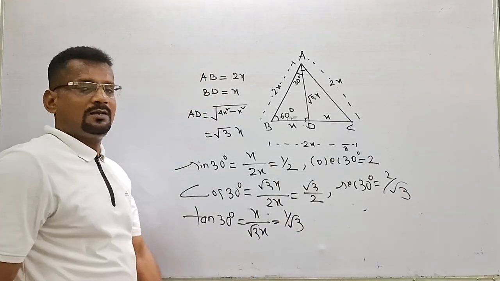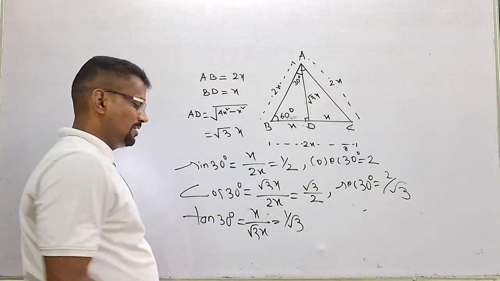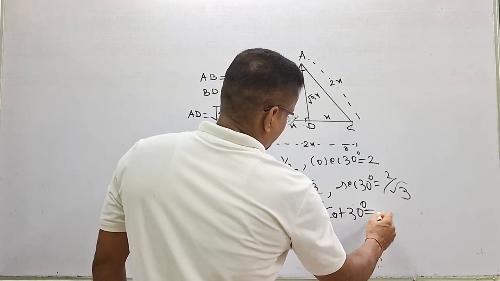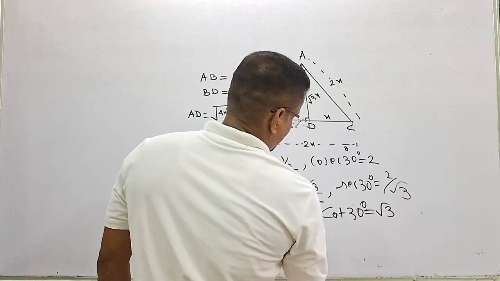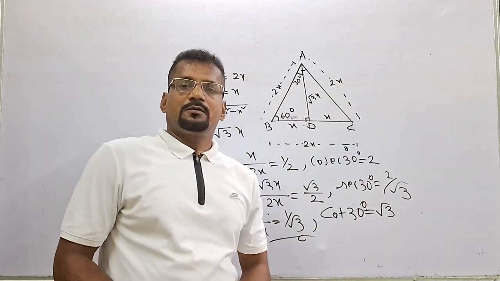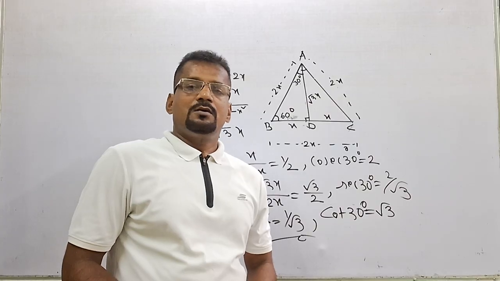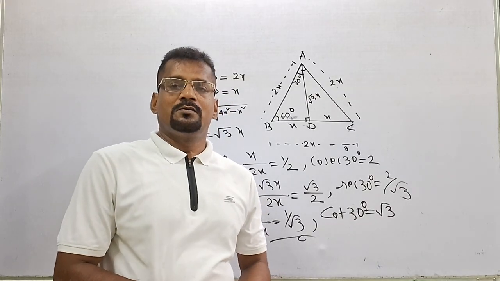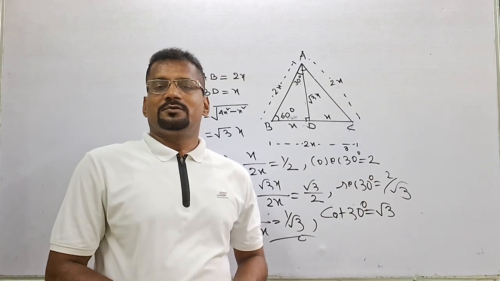That's why tan 30 degree is 1 by root 3. And from here you can write cot of 30 degree, that's your only root 3. So this is all about how to find out all the trigonometric ratios for 60 degree and 30 degree angle. I hope it's clear to you. Thank you.